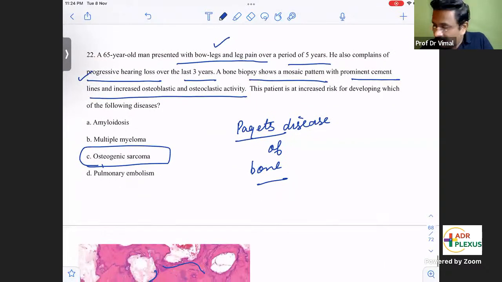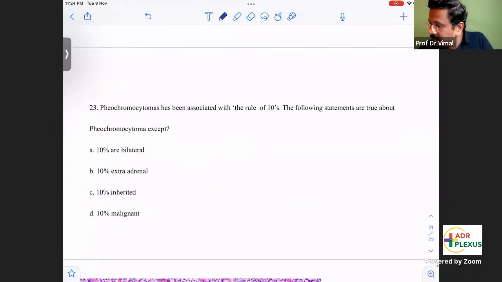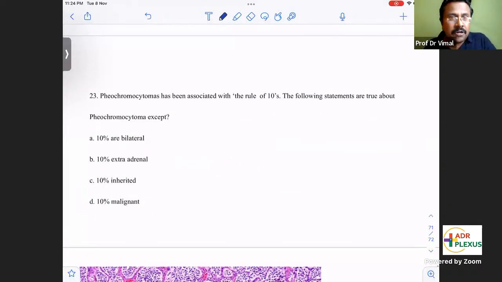Okay. Yes, very good. And the final question for today's discussion is: pheochromocytoma has been associated with the rule of 10%. The following statements are true about pheochromocytoma, except: please remember, pheochromocytoma is called a tumor of 10%.